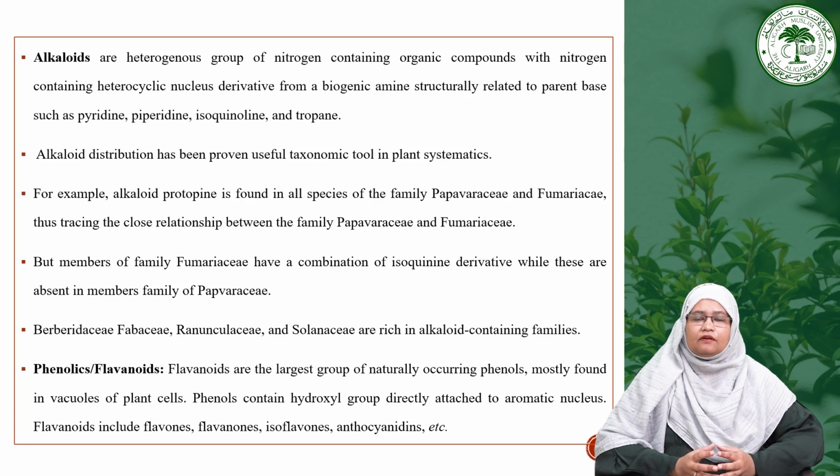So alkaloid distribution has proven useful as a taxonomic tool in plant systematics. For example, the alkaloid protopine is found in all species of the families Papaveraceae and Fumariaceae, thus raising the close relationship between Papaveraceae and Fumariaceae due to the presence of the alkaloid protopine.